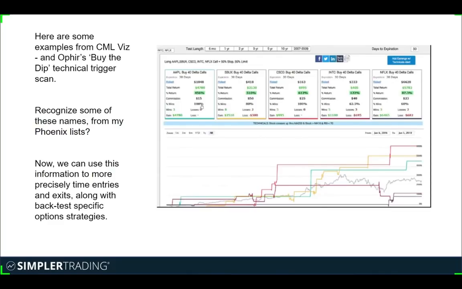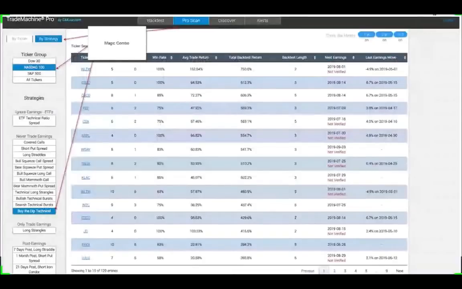So here's one of my favorite parts about the service: you can also use this scan and go through and sort. My favorite one is based on the backtest return. And then you can take that and couple all of these results and throw them into your Phoenix Finder so you can get an ideal entry point.